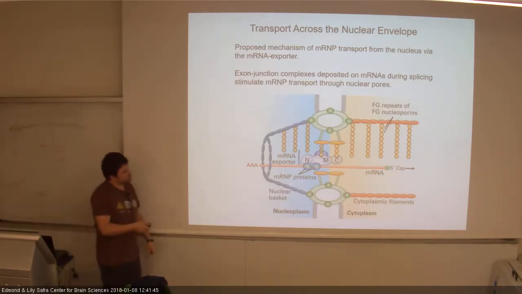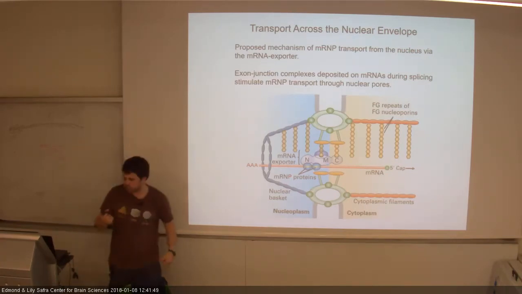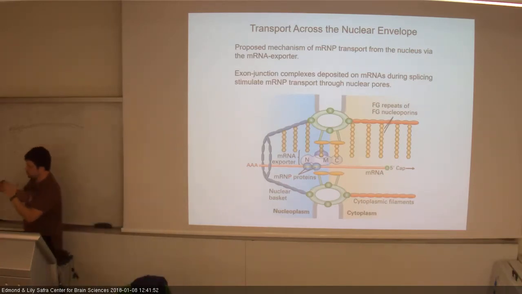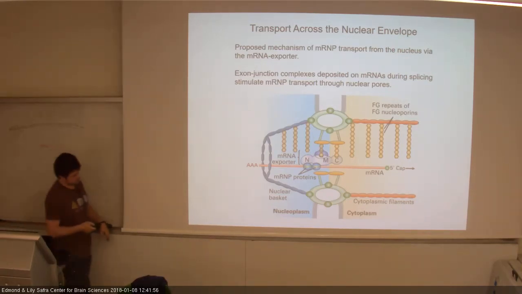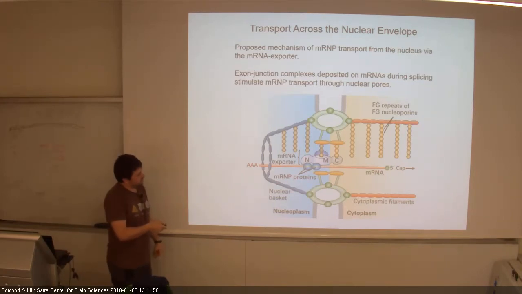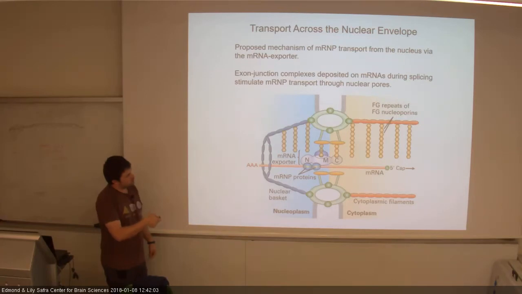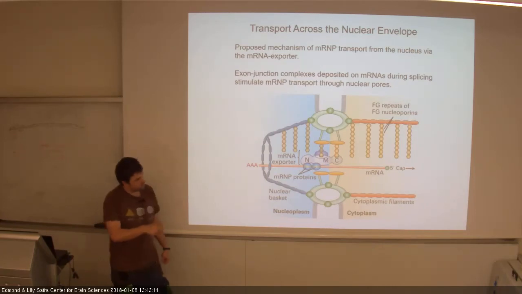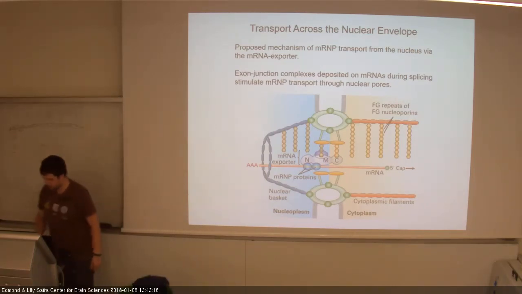One of the reasons is that at the places where the junctions between the exons and the introns were, special types of RNP proteins remain bound to the mRNA and signal to this complex that it's okay for the mRNA to pass, mediating the transition of the mRNA from the nucleoplasm to the cytoplasm of the cell.